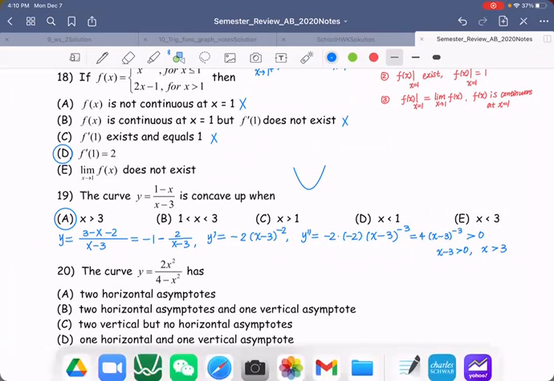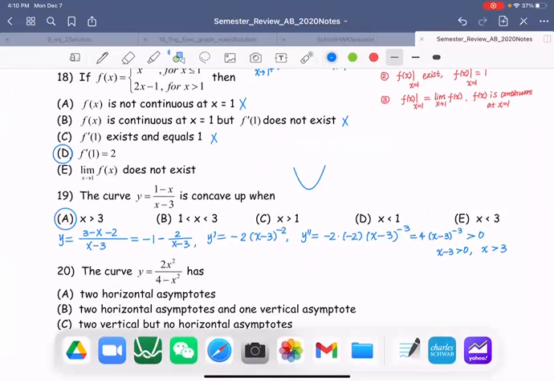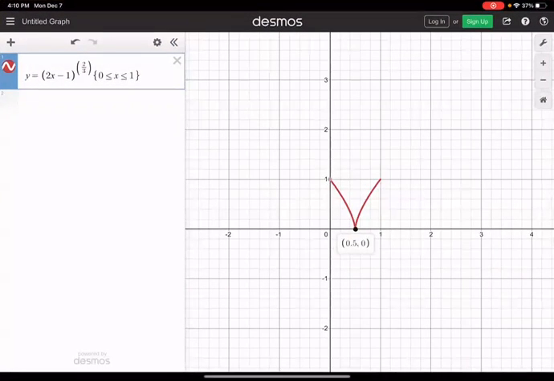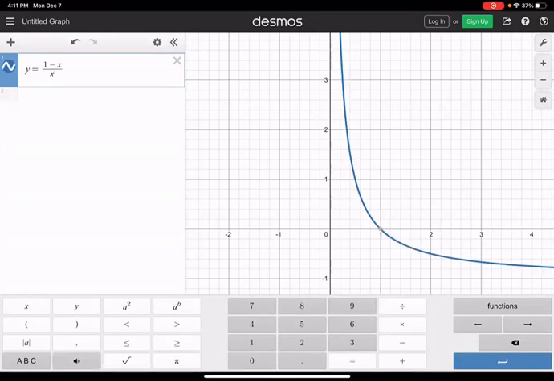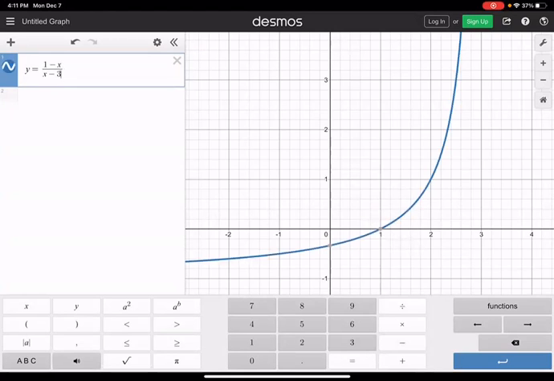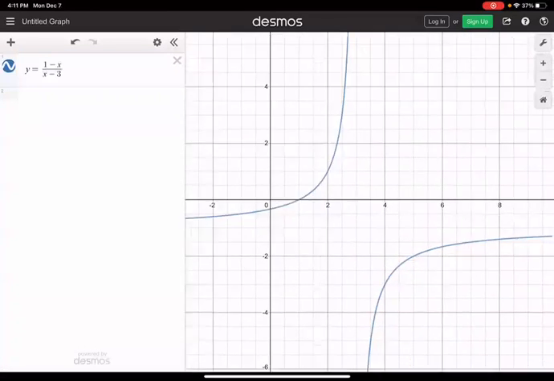You might feel curious about this question, so we can take a look. So 1 minus x over x minus 3. I strongly recommend that you do something similar to what I show you here, because sometimes if you feel lost about the question, you will be able to go through this and figure it out. You see here?